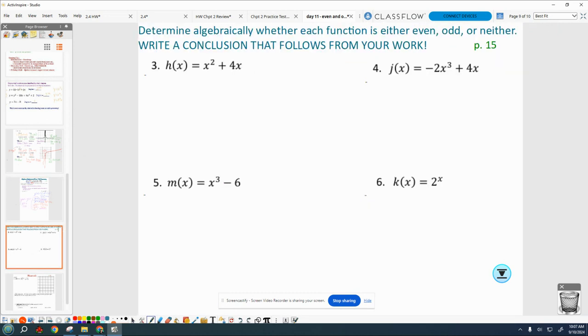Can you guys try these first two? Are you okay with the second paper? See that?